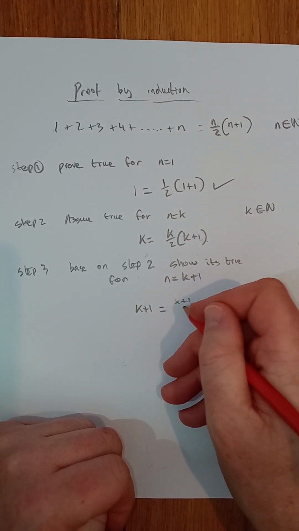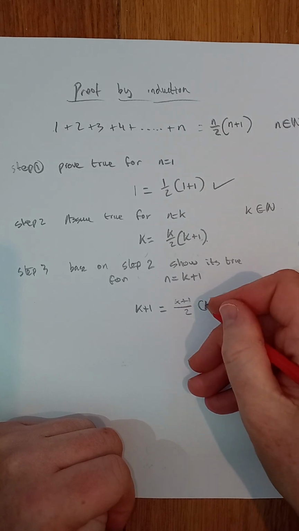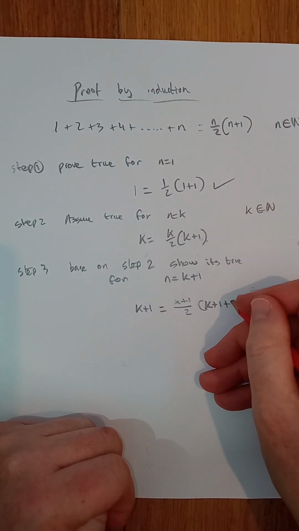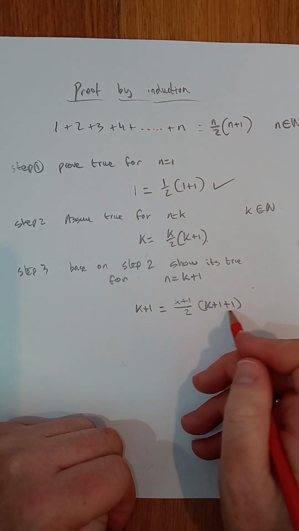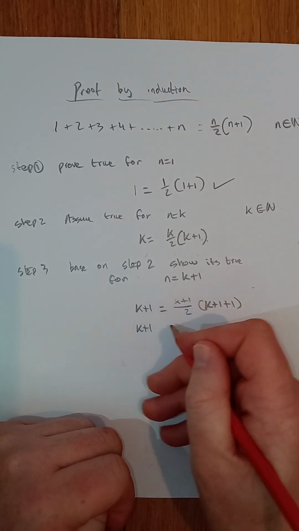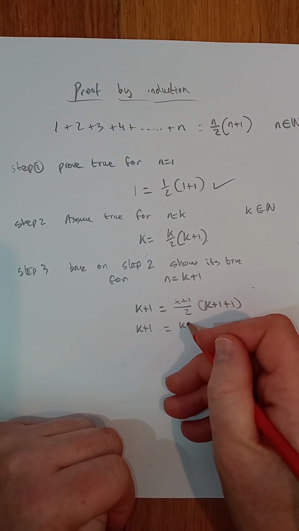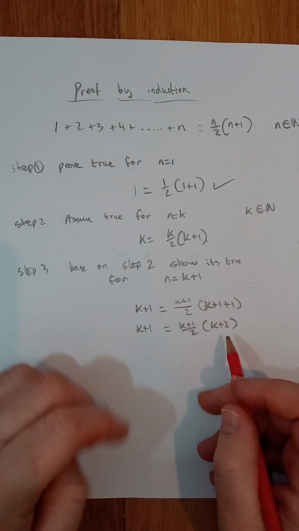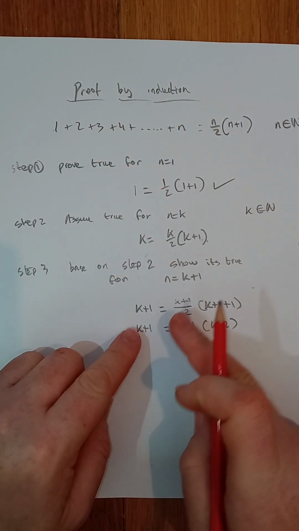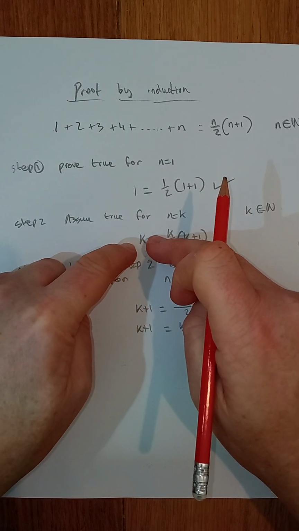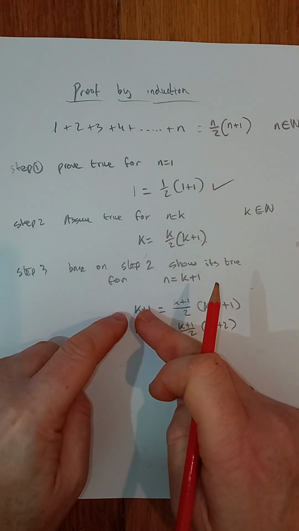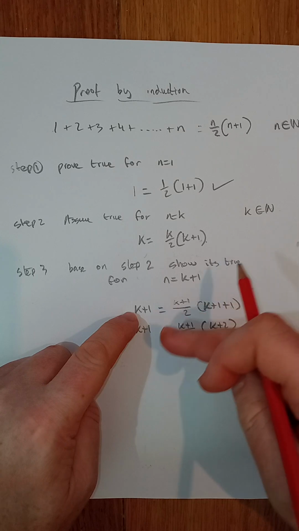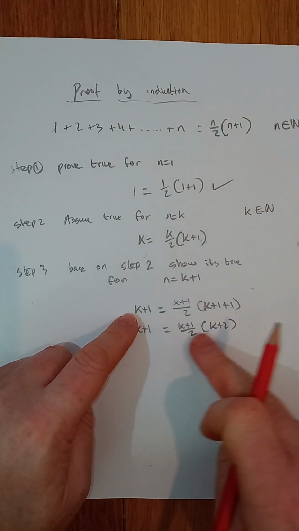K plus 1 over 2 on k plus 1 plus 1, because there's already a 1 in there. So let's tidy this up. So that's k plus 1 over 2 on k plus 2. So that's what we're going to prove, that if I can put in a value of k, it should come out like this. And if I put in a value of k plus 1, in other words, the next value after k, it should turn out like this.